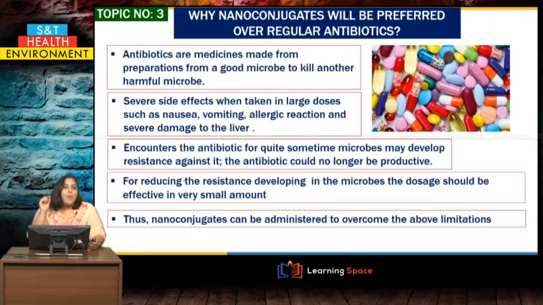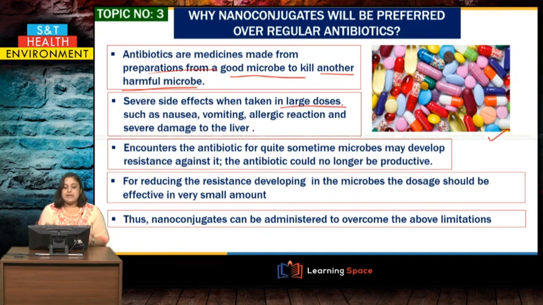Okay, so why will nanoconjugates be preferred over antibiotics? Now we know that an antibiotic is a general medicine, right? So we have to take it with our food. They are prepared from a good microbe that can kill another harmful microbe. So they are a kind of medicinal preparation, but they can have severe side effects in our body.